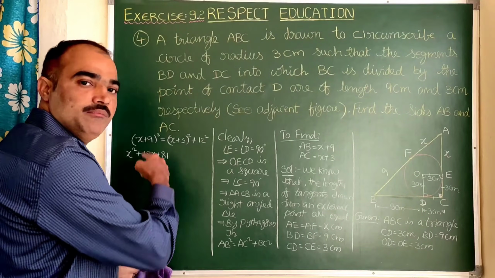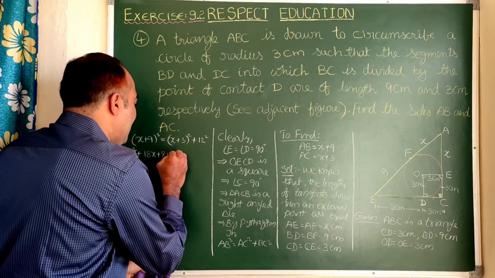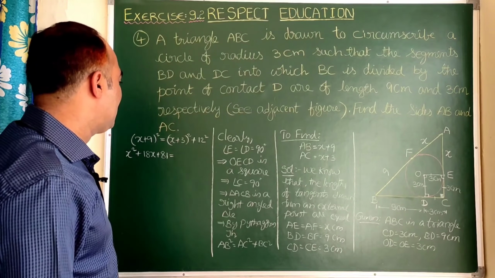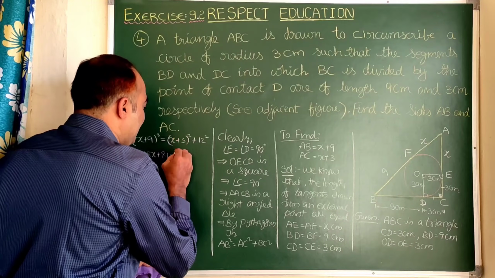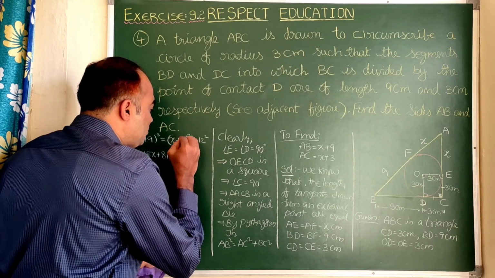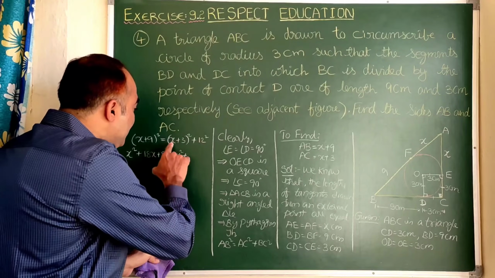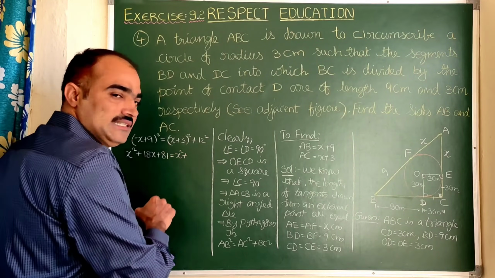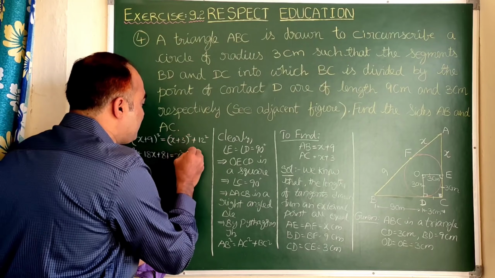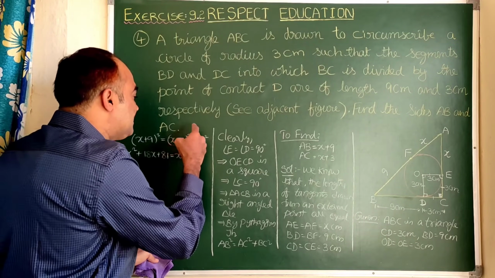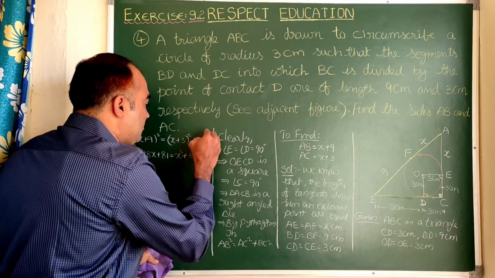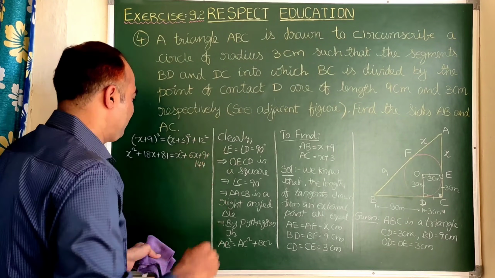Let us expand x plus 3 whole square also using the same formula: x square, plus 2 into x into 3, that is 6x, plus 3 square, which is 9, plus 12 square, which is 144.